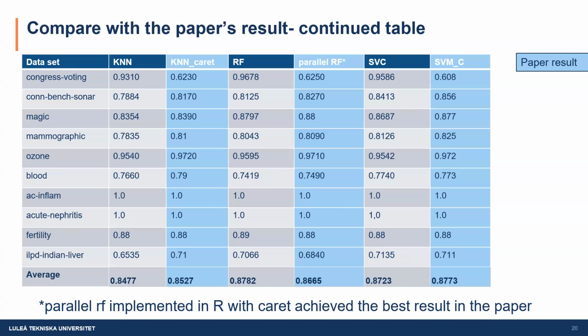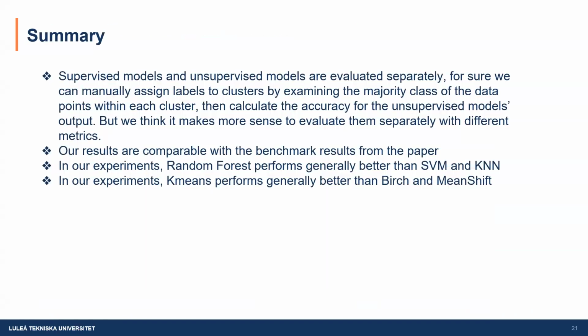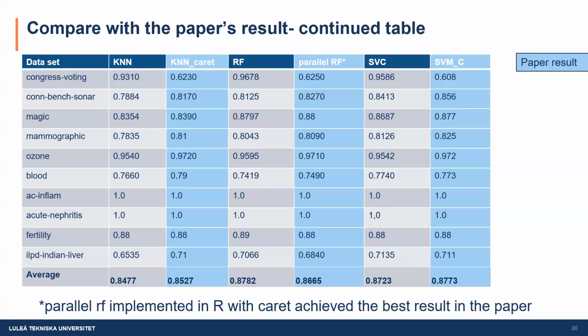And the paper mentioned the parallel random forest method is implemented in R with the caret that achieved the best result. And we can see our average values are comparable with the paper's results.